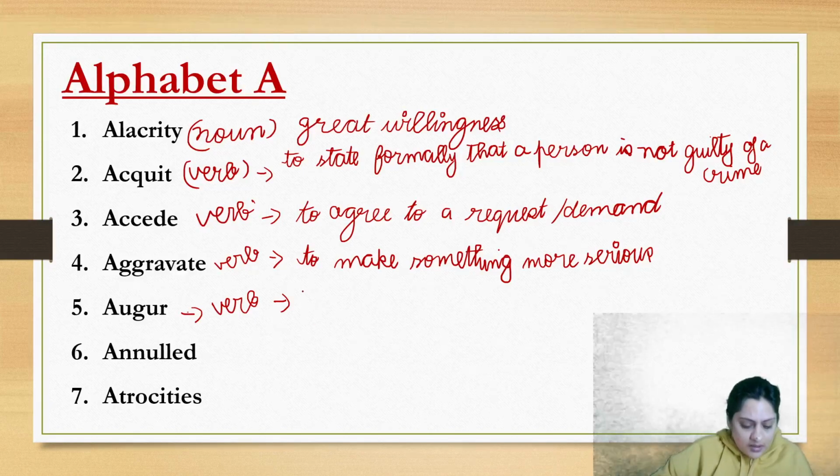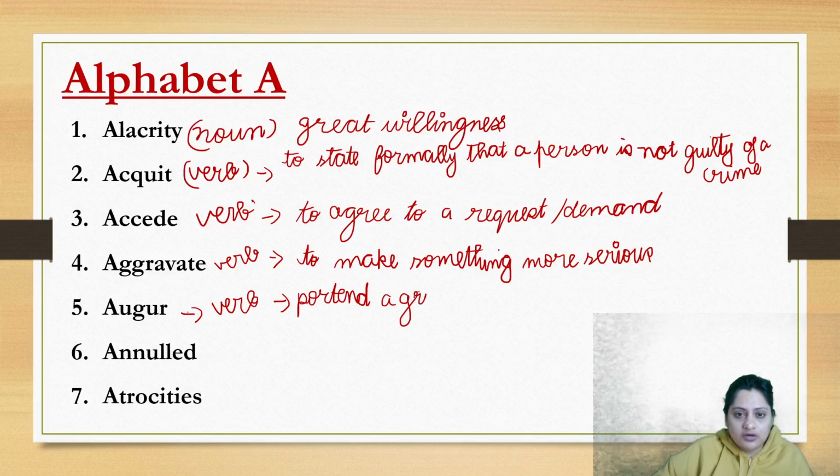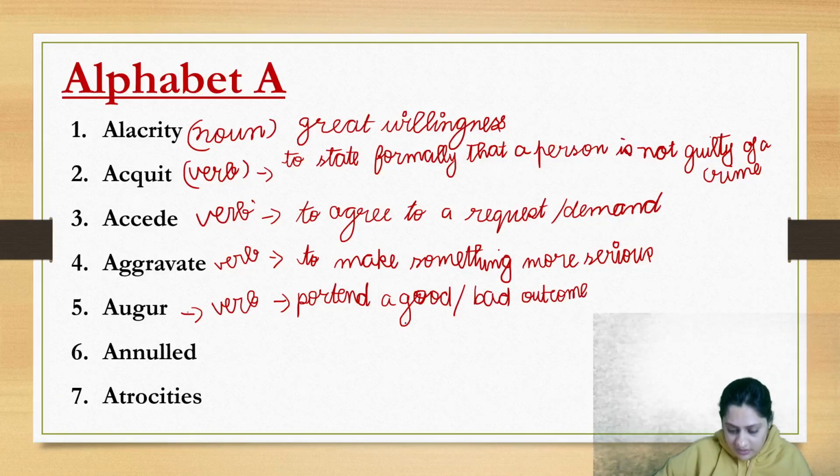Portend a good or bad outcome. We say it might augur well means it looks good, or it looks bad, then augur bad. When you predict a good or bad outcome, that is augur. Okay. So indicate, indication, a sign of something which might happen, which can be good or bad.